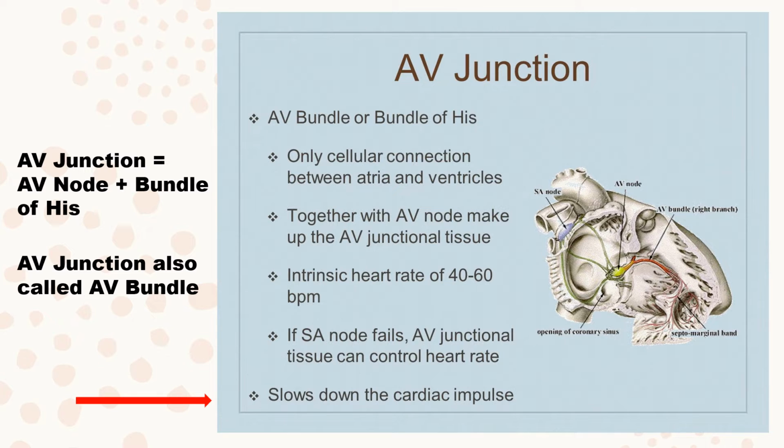The electrical impulse travels throughout the atria and depolarizes them, and once they're depolarized electrically, you get mechanical function, which is contraction of the atria. For that atrial contraction to be effective, it needs to take place before the ventricles contract. So the function of the AV junction is to slow down the cardiac impulse.